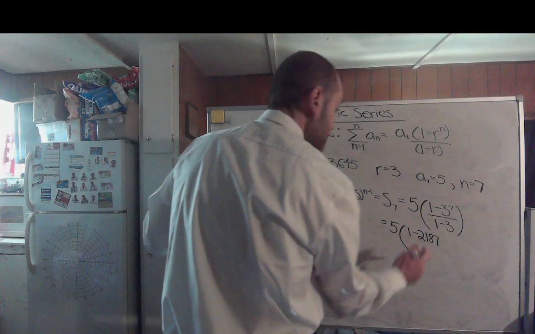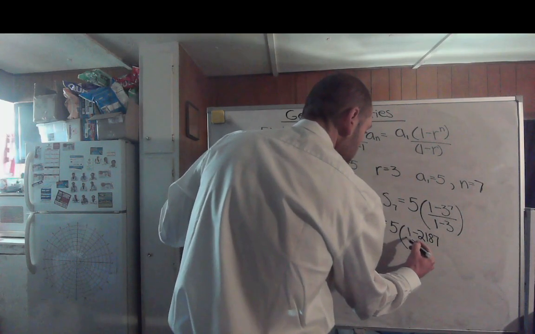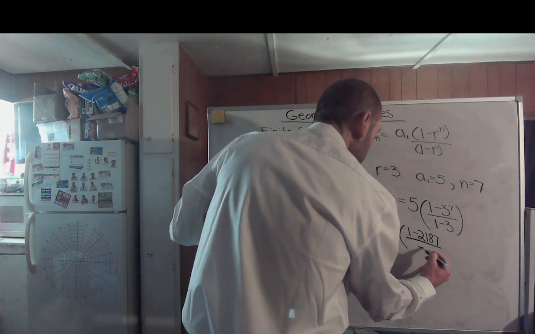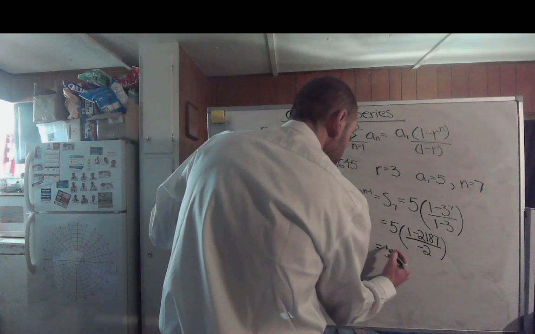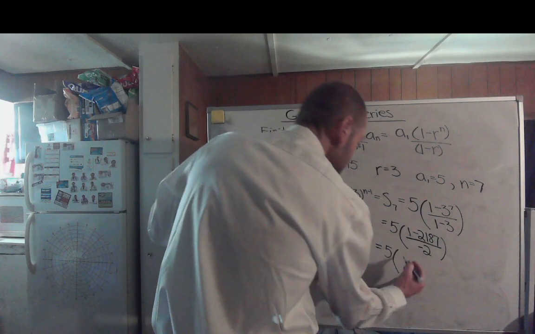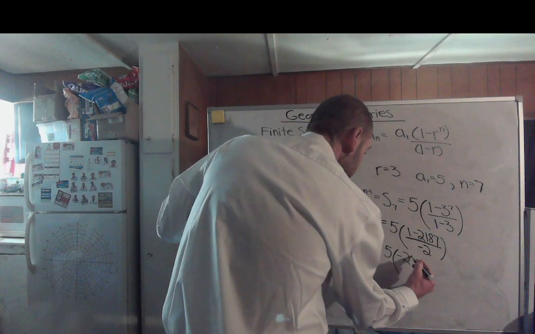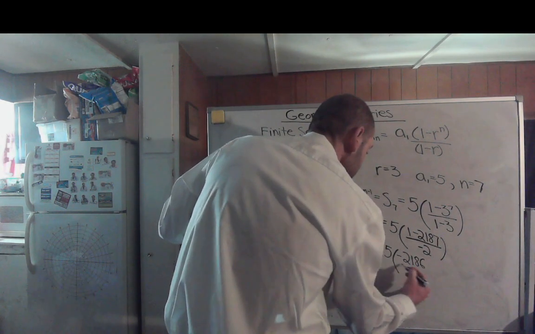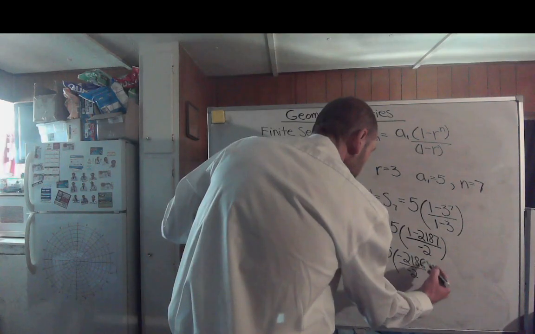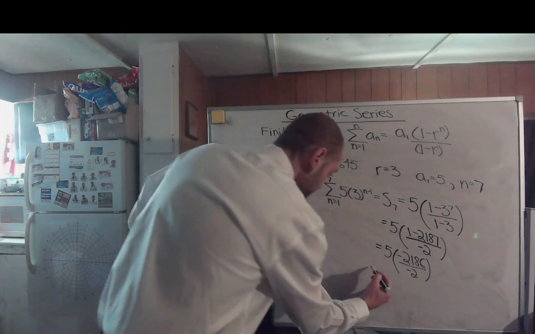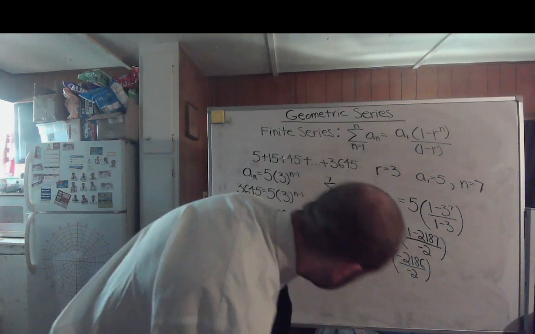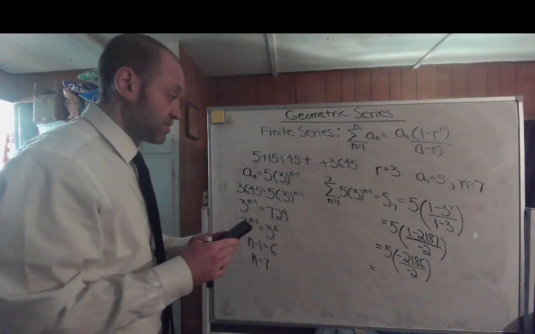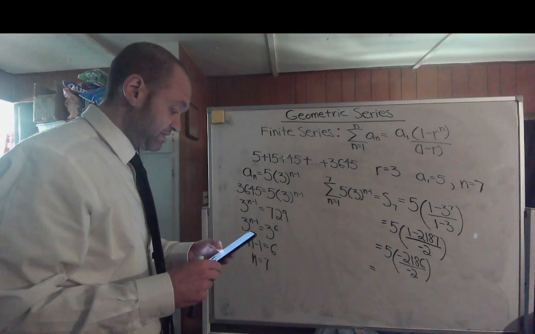So 1 minus 2,187 all over negative 2, which is going to equal 5 times negative 2,186 divided by negative 2, which inside the parentheses, the negatives are going to cancel out, so that's nice. We'll get a positive answer.